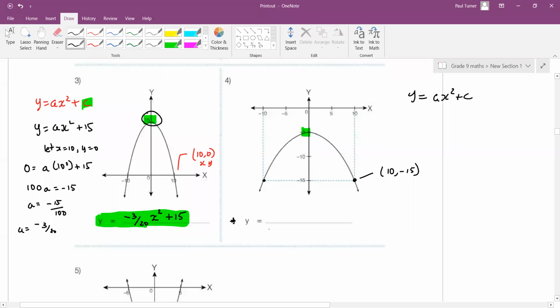I'll give you a couple of minutes. And then there's one more, question 5, you can try as well. So anyone got the answer? Do that for a couple of minutes.